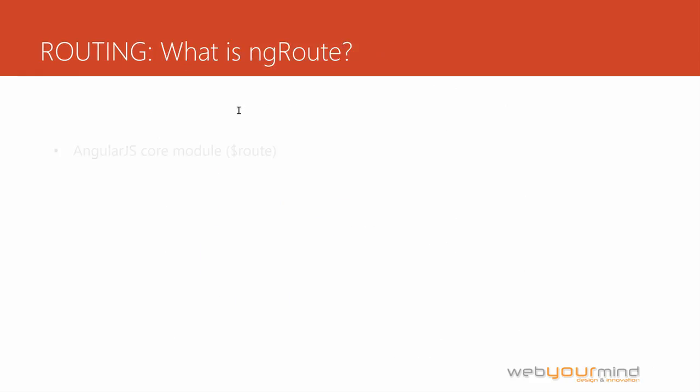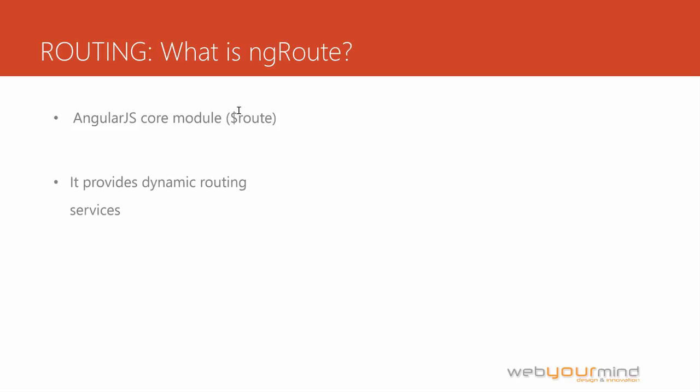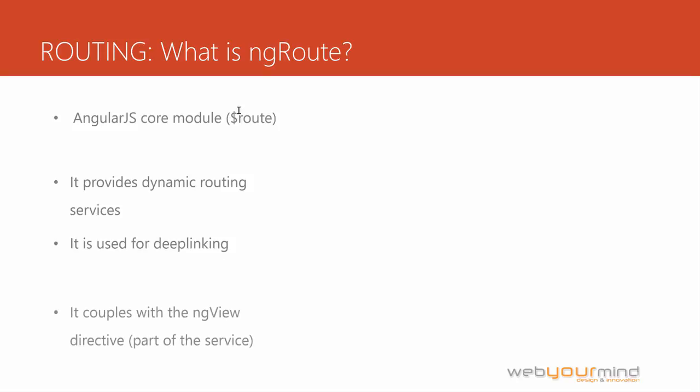So, what is ngRoute? ngRoute is the AngularJS core module for routing. It comes out of the box with Angular, but you need to include the JavaScript for Angular routing. It provides dynamic routing services. It's used for deep linking in our application, and comes along with a specific directive called ngView, which is used to actually render our content.